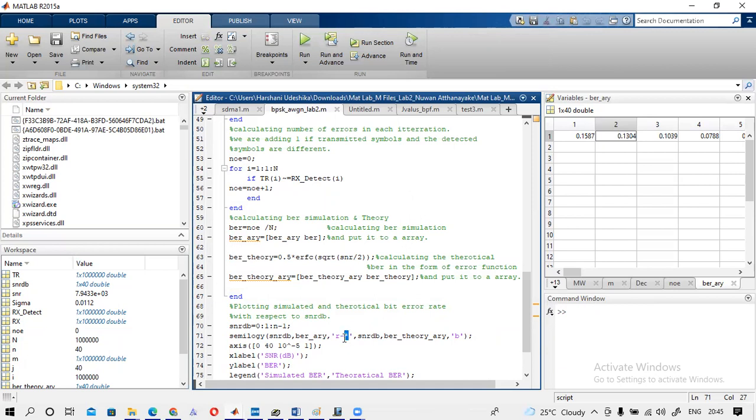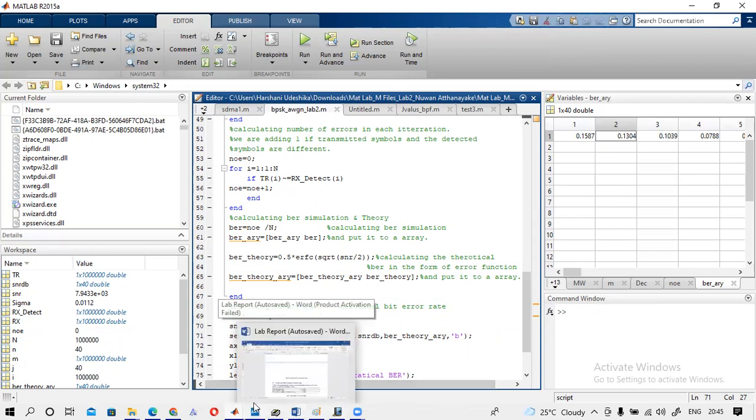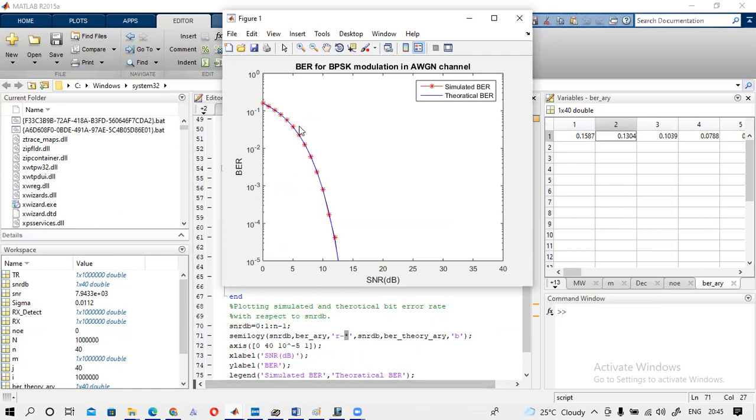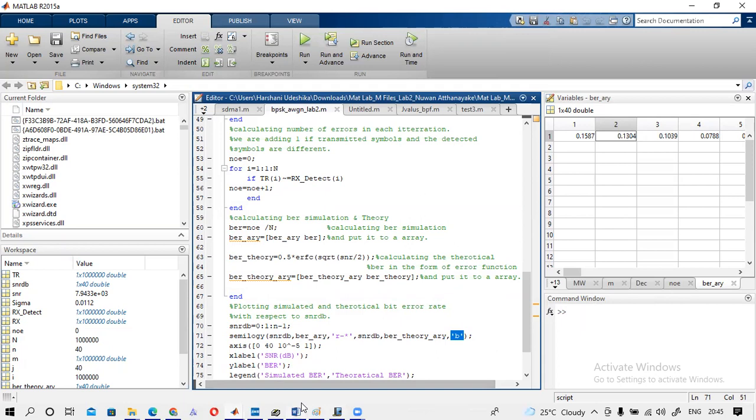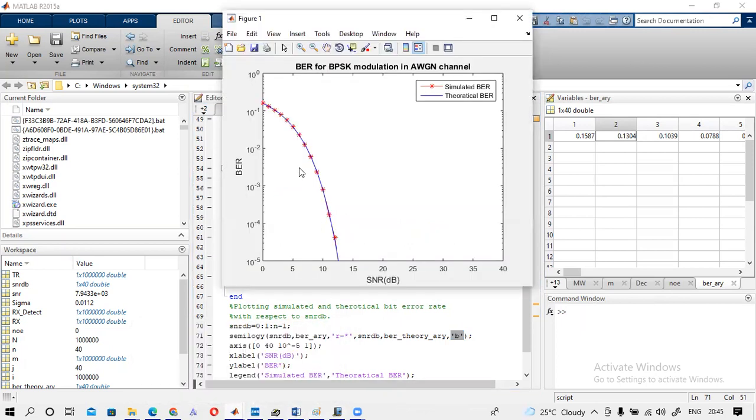I use a star marker here as the pattern. This blue one is the theoretical curve, and both are in the same plot. So this simulation is 100% correct. You can see the legend, the title, and the x and y axis labels.